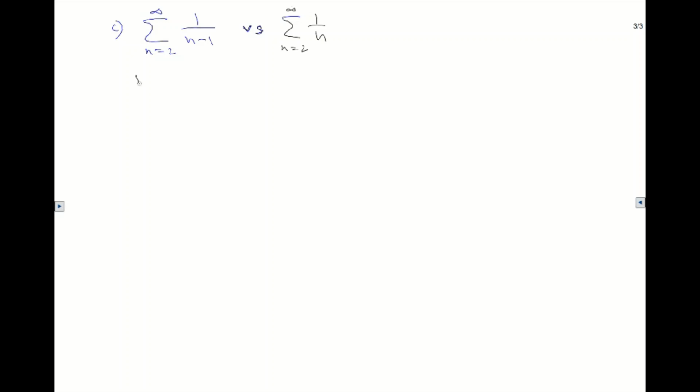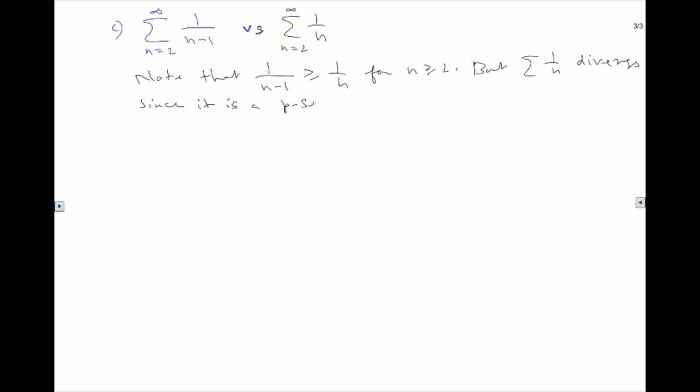So again, note that 1 over n minus 1 is greater than or equal to 1 over n for n greater than or equal to 2, but the sum of 1 over n diverges since it is a p series with p equal to 1, which is less than or equal to 1.